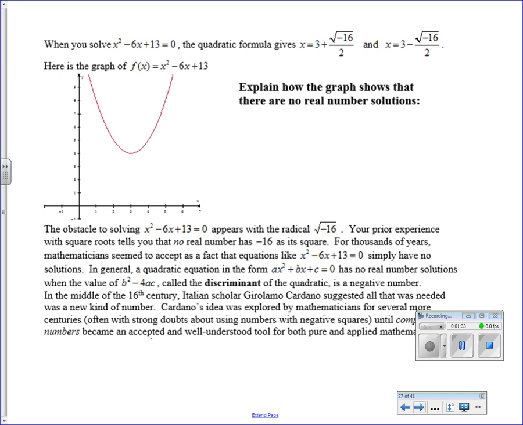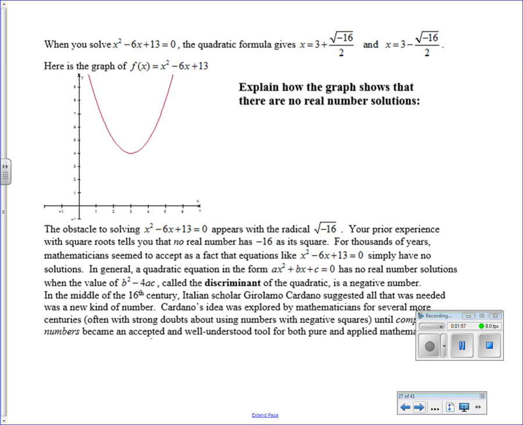If we decided to solve it instead and use the quadratic formula, then we're going to get the square root of -16, and you've always been taught that you can't do that. So your past experience tells you that there's no real number that has -16 as its square. And so for thousands of years, mathematicians just said there is no solution and that's it.